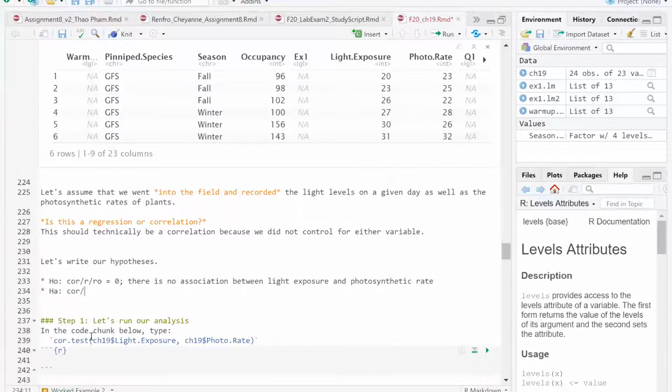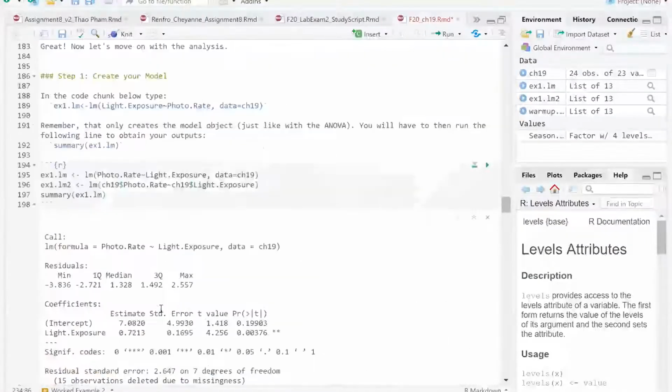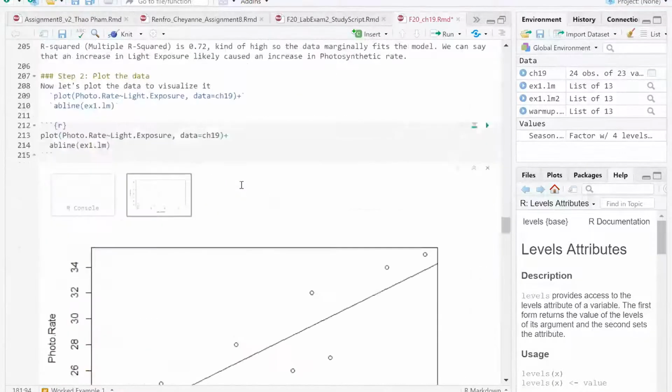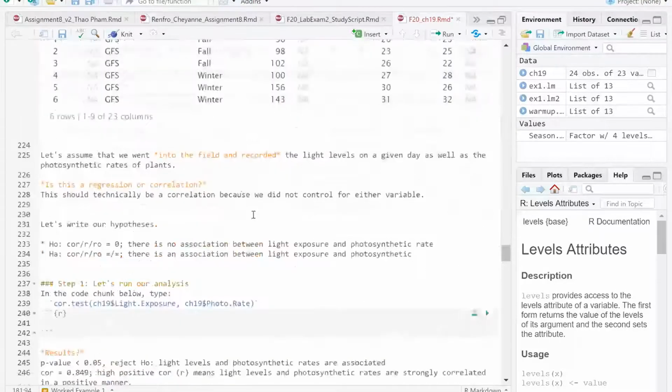If our correlation coefficient does not equal 0, that means there is an association between light exposure and photosynthetic rate. These are really similar hypotheses to what we had up here, but I can't include this extra bit, that light exposure causes a change in photosynthetic rate, because I didn't control light exposure. They were both just collected, and I have no way to say that light exposure causes a change in photosynthetic rate.